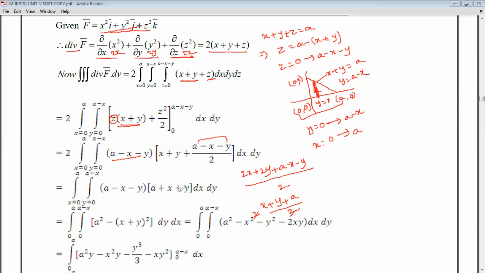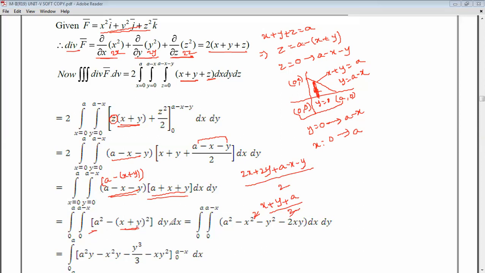That's why we wrote a plus x plus y. So we have (a minus x minus y) and (a plus x plus y). If you want, you can take a minus as common, and treat this as a and this as b. So (a minus b) into (a plus b) is a square minus b square, where b is nothing but x plus y whole square. So a square minus b square, whole dy dx.